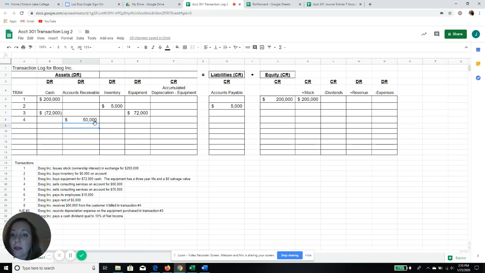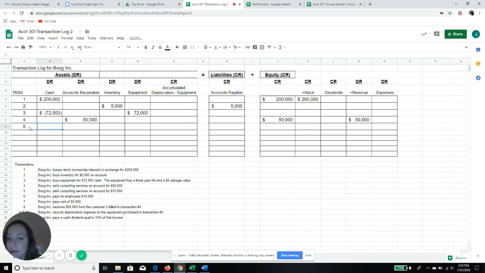And when we sell something in the normal course of business, we call that revenue. Revenue increases equity, so an increase to revenue will be an increase to equity. We increased assets by $50,000 and we increased equity by $50,000, so we're in balance.